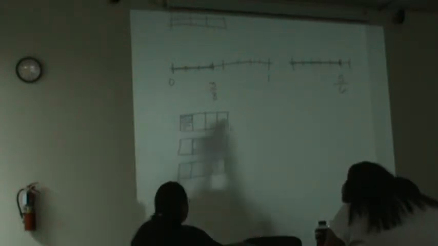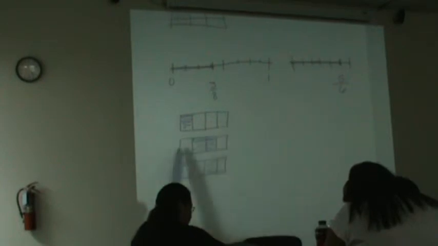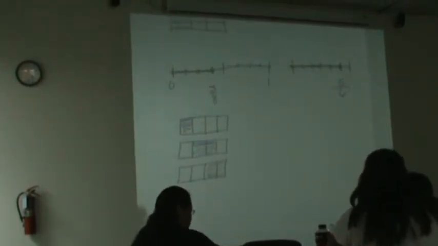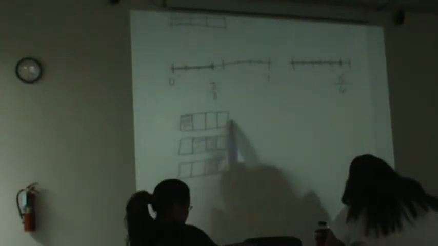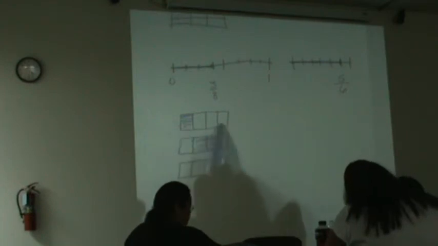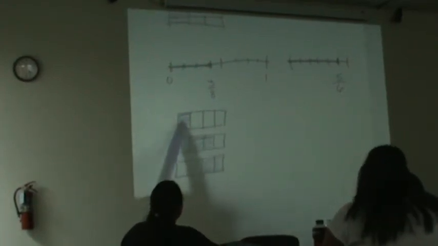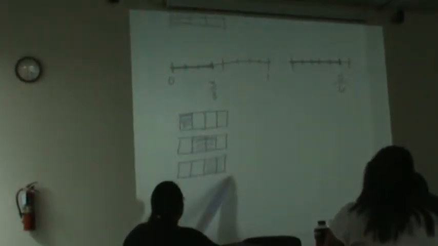Okay, each one is 4. Do not put it as 12 on the bottom, okay? Each one of these is a whole, and each one is divided into 4 parts. This one is 1/4 and 2/4 and 2/4.